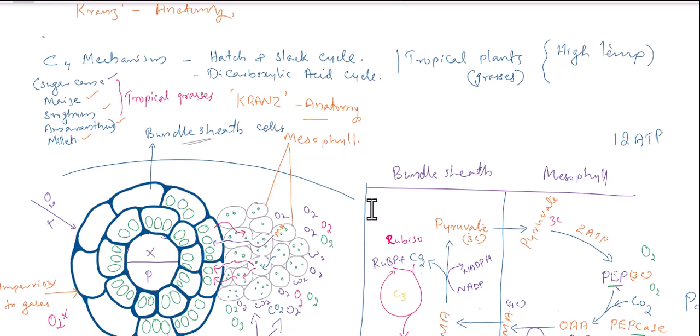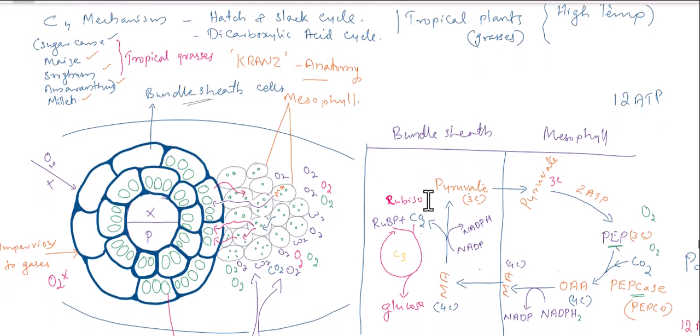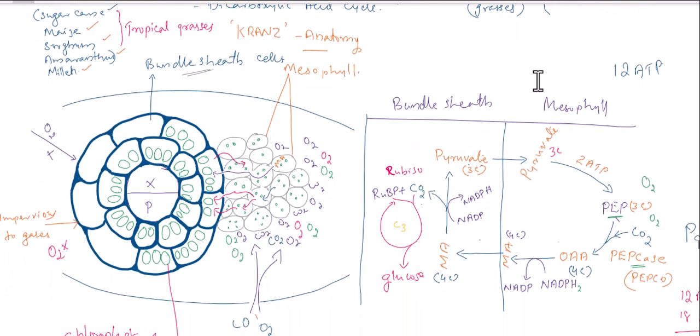This process can also be termed the Hatch-Slack cycle, dicarboxylic acid cycle, etc. We can go through that process. So this is the mechanism here.